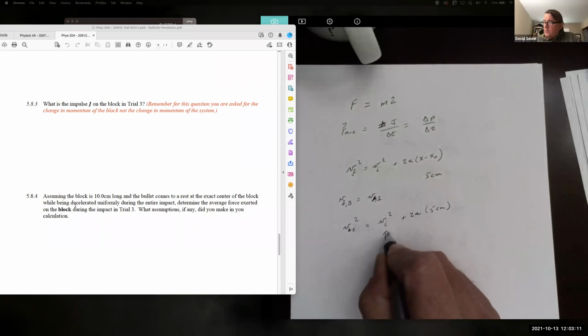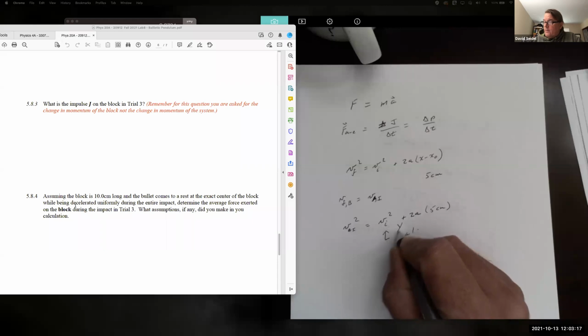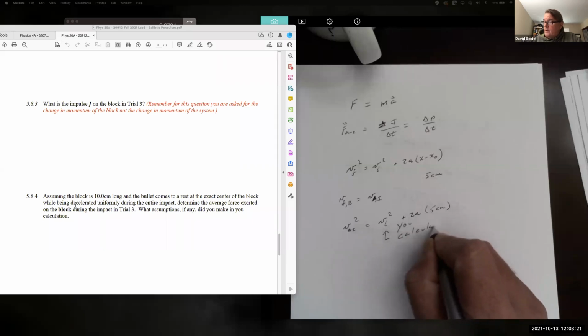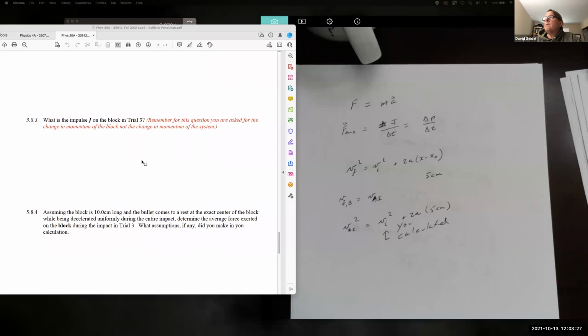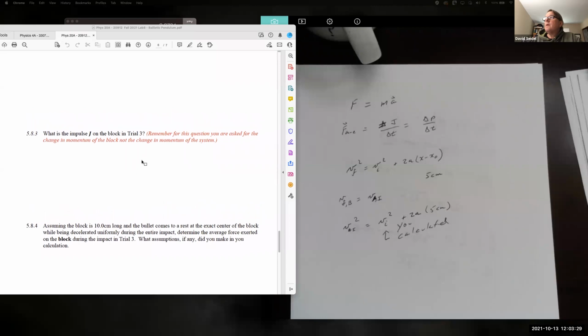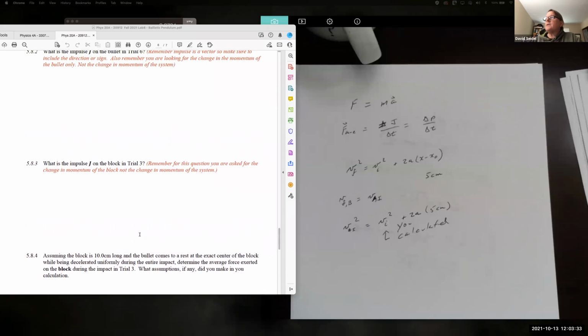V initial, this is V initial of the bullet. You calculated it. It's in your table. I would pick trial 3. I meant to say trial 3 here, but I didn't.